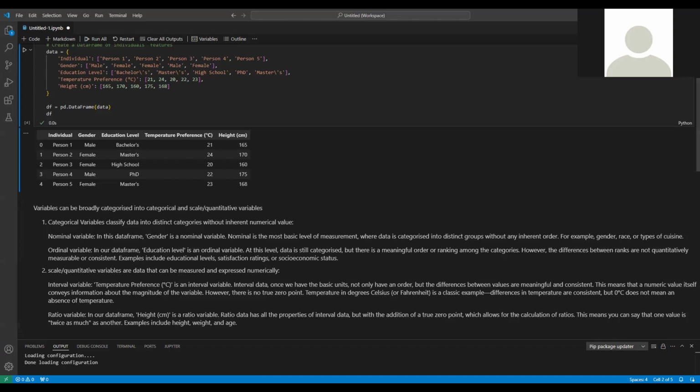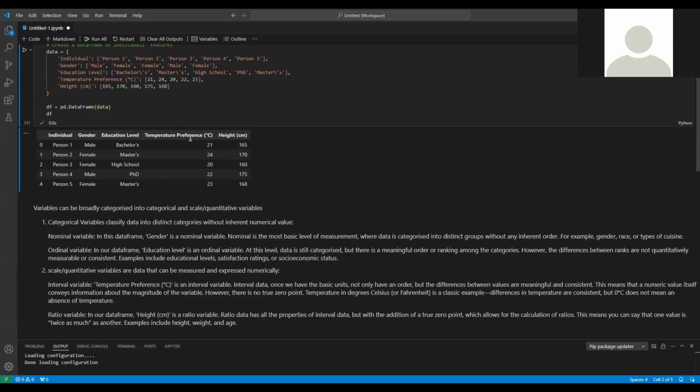Let's look at scale variables or quantitative variables, as we just mentioned. For these variables, you can simply use numeric values to express the key information about the attributes. The data can be measured and expressed numerically. The reason is that we have already chosen a basic or minimum unit to measure these two aspects of information.